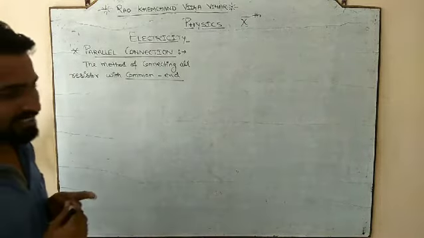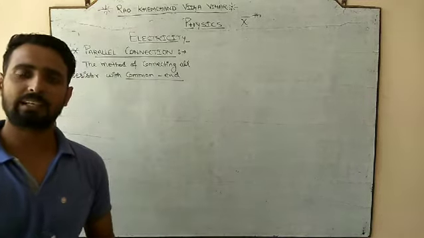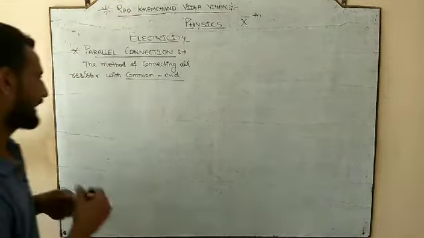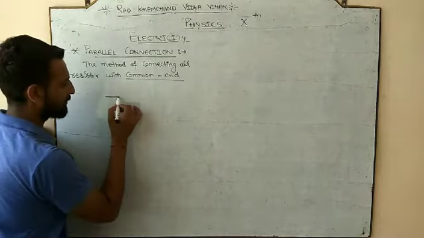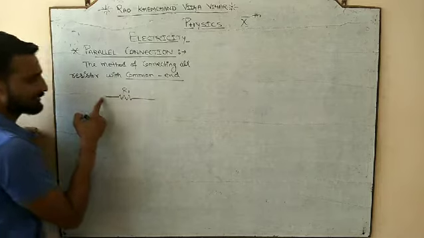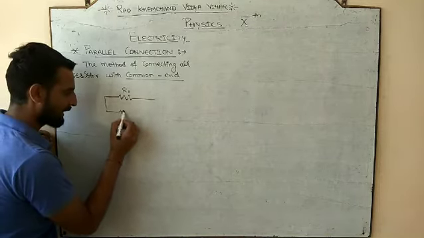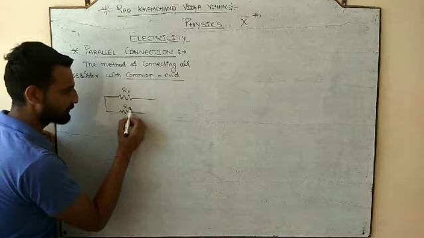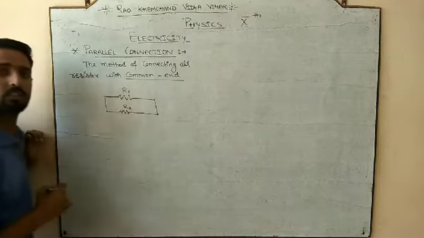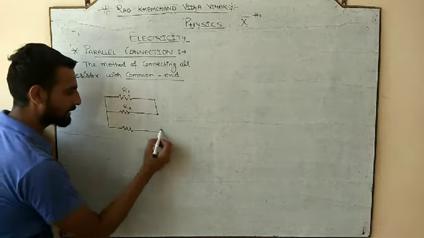Means when the resistors are connected to each other but their end terminals are common, like that. Let's suppose I have again R1. Okay, this is the end of the first resistor, and with the same end I connected R2. Check this out. And with the same end I connected R3.